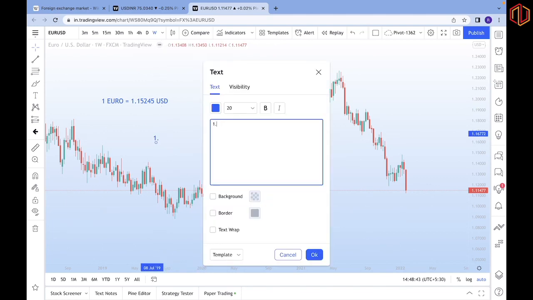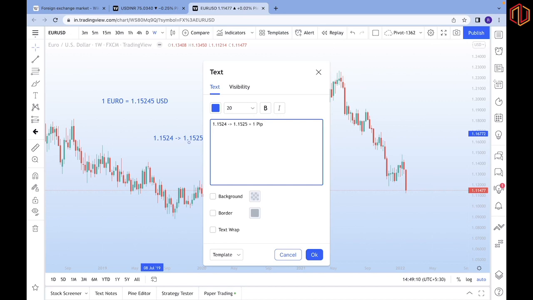That is 1.1524. The 5th digit, or that number 5, is called a point, and the 4th digit is called a pip. So when 1.1524 moves to 1.1525, that is called a movement of 1 pip.